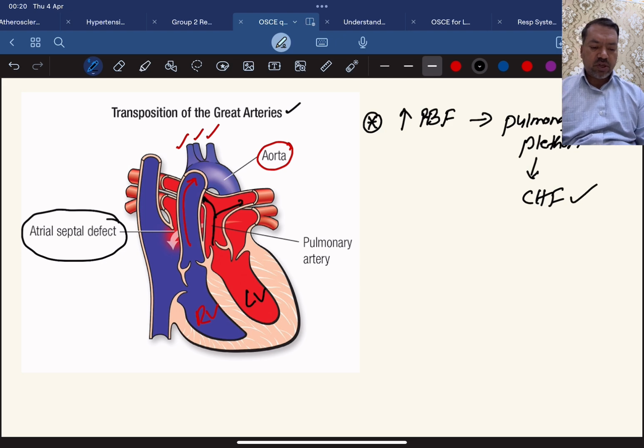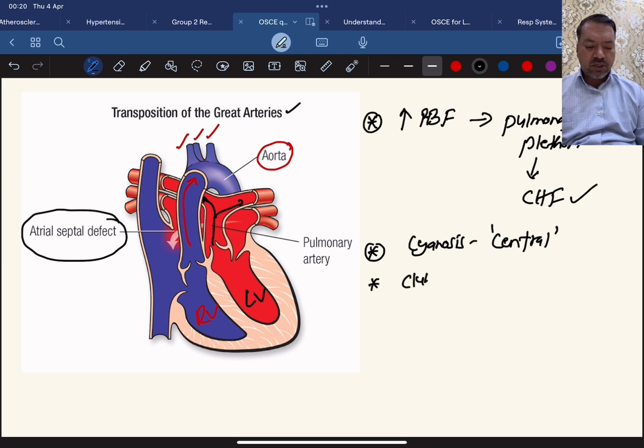This is one of the presentations in TGA, and there is cyanosis. This is called central cyanosis because it is one of the important types of cyanotic congenital heart disease. And over a long period of time it can result in clubbing as well as polycythemia.